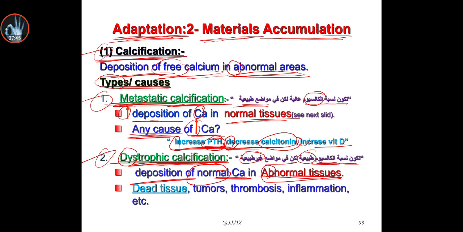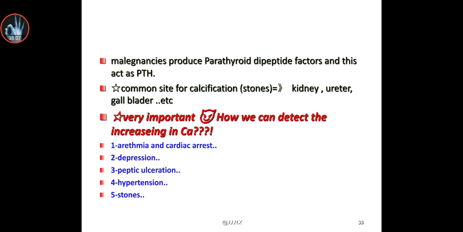Dystrophic calcification we already talked about; it happens in dead tissues, like in tumors, thrombosis, inflammation and so on. Thrombosis means a clot or a piece of a clot. Another example is malignancy products: parathyroid-like factors that act as parathyroid hormone and lead to increased calcium. Common sites of calcification are stones in the kidney, urethra and gallbladder.